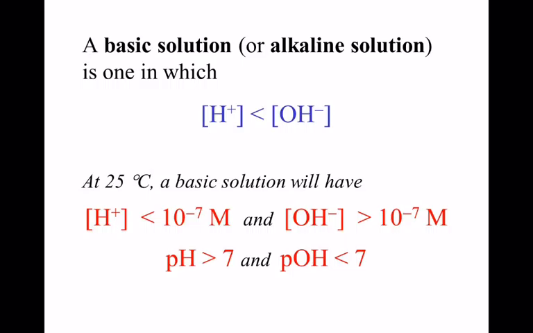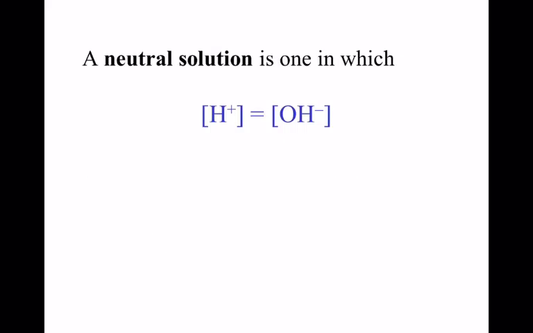Your pH, we all grew up knowing this, for a basic solution is going to be greater than 7, but now we know that your pOH is going to be less than 7. So we're combining what we grew up knowing with something a little bit different. For neutral solutions, the molar concentration of both your hydrogen ion and your hydroxide ion is equal.